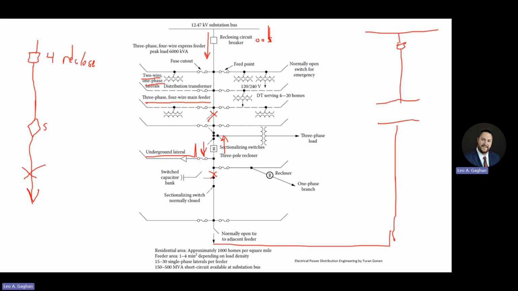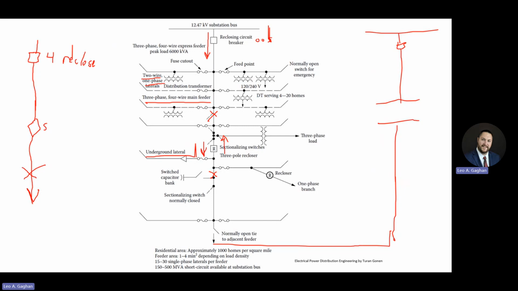What's going to happen is we're going to trip, reclose, trip, reclose, trip, reclose, trip, reclose, right? We've got 4 attempts, and then it locks out. So this guy right here is going to be set 1 less than that. So let's say we trip, reclose, and then we trip, and sorry, this guy trips. And on that third trip, we're going to have an open interval. Let's say it's a 10-second open interval.